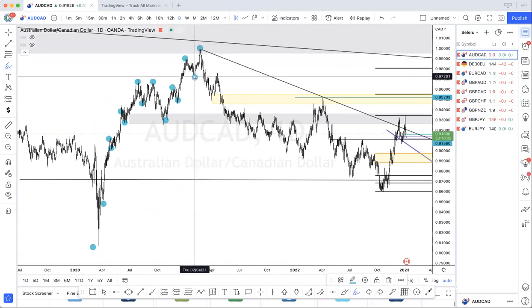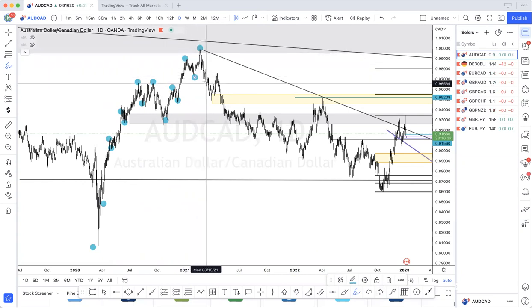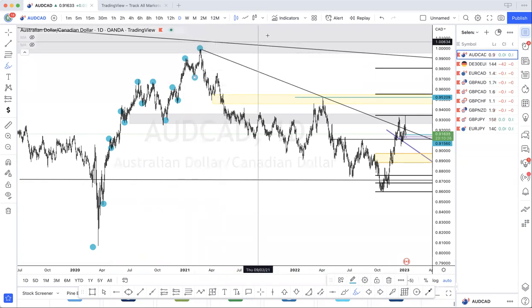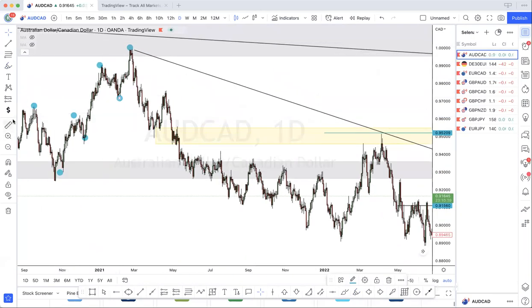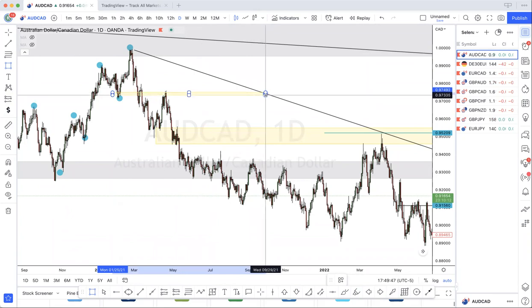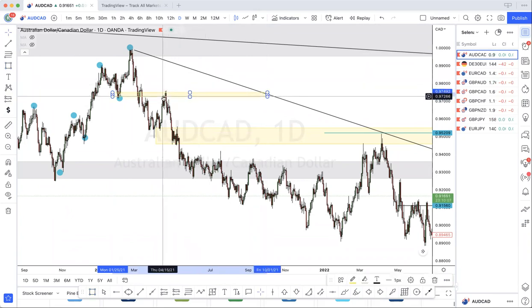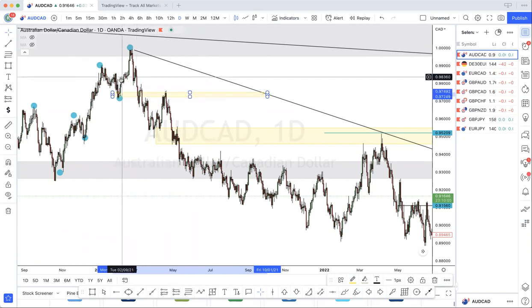So once price breaks this minor level, you can expect price to pull back, based off of market structure, to this level and react in some kind of way. Because once price breaks this level of market structure, we are then officially looking for sales.